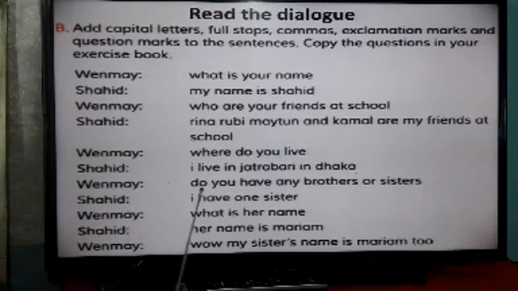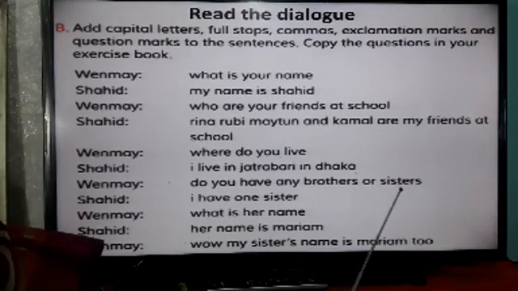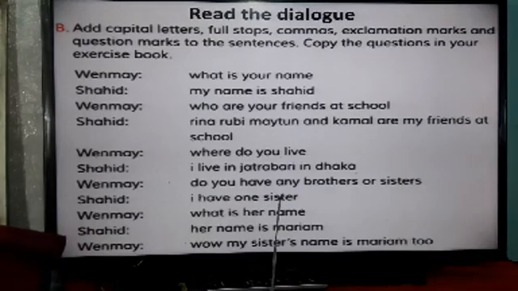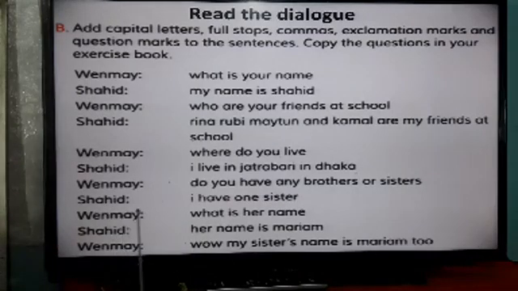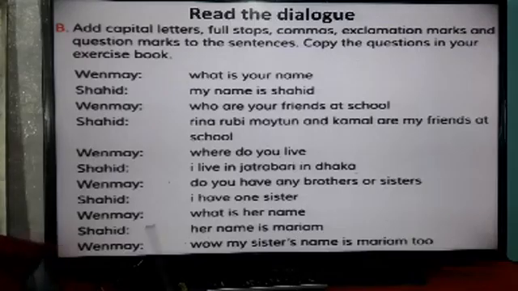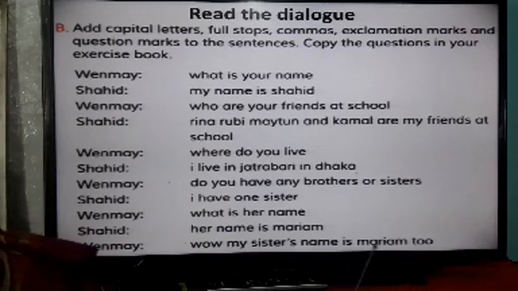Oima says, do you have any brothers or sisters? ষয়II says, I have one sister. Oima says, what is her name? ষয়II says, her name is Mariam. Oima says, wow, my sister's name is Mariam too.